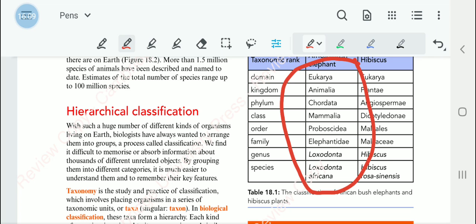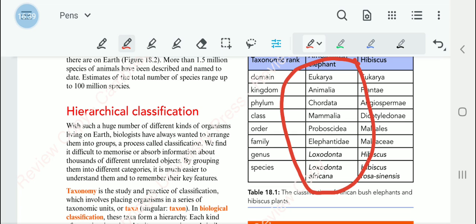Now you can understand that the Asian elephant should belong to the family Elephantidae. So there should be a relationship between these two. Beyond the family Elephantidae, both the African elephant and the Asian elephant would be found in the class Mammalia, and we are also mammals. So we are also related to elephants in different ways.